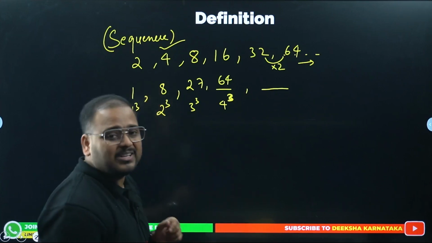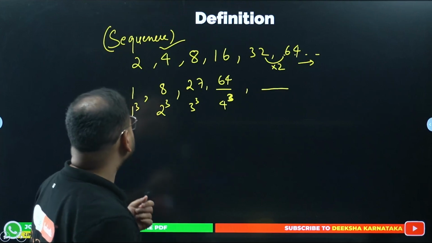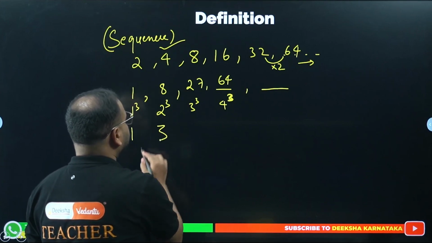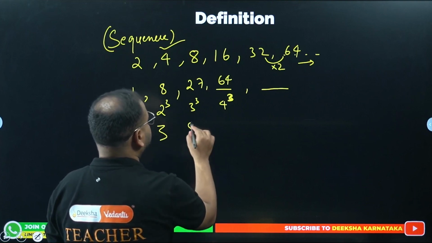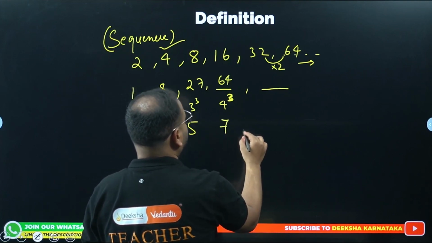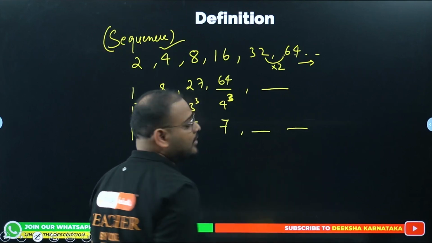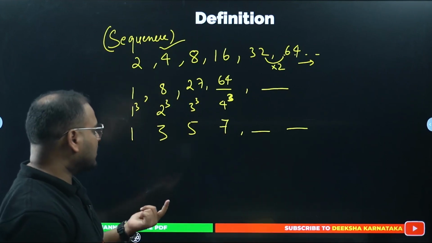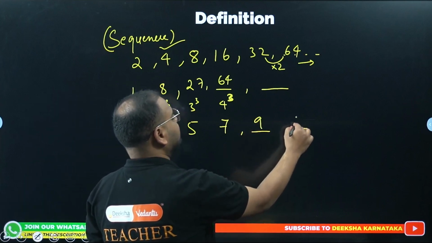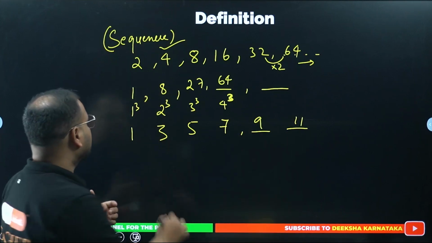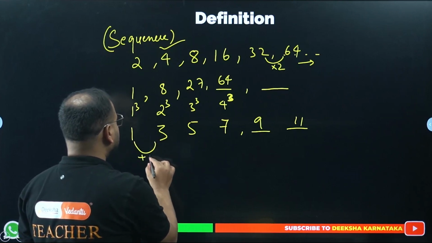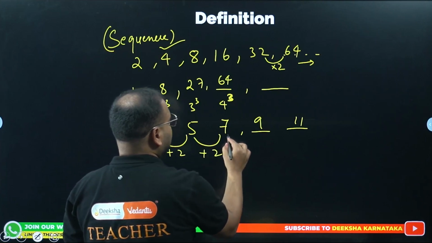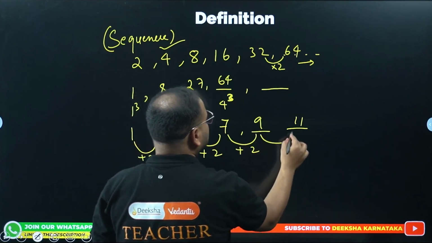All right. So what is an arithmetic sequence, sir? If I have to write, let's say, 1, 3, 5, 7. So what is the next number over here? You can tell me the next two numbers in this series, 9 and 11. It means now you know what the series is. What is the series here? 1 plus 2, 3 plus 2, 5 plus 2, 7 plus 2, 9 plus 2.